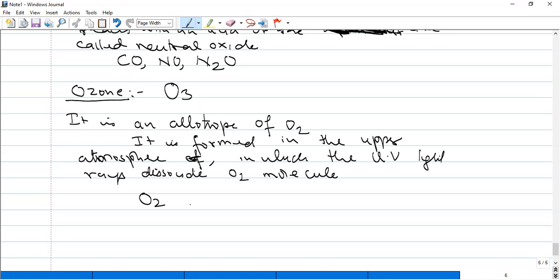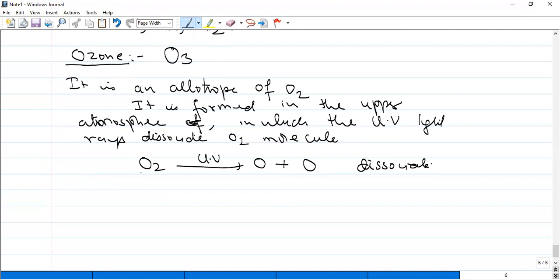So O2, UV light, it will form oxygen and oxygen. ये dissociation होता है. And this oxygen atom combines with an oxygen molecule and you get ozone.